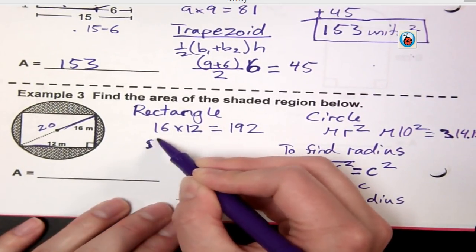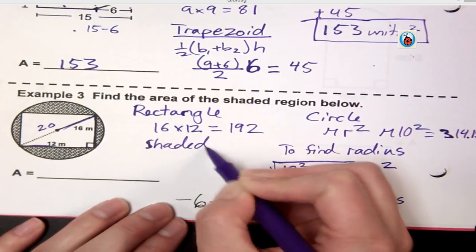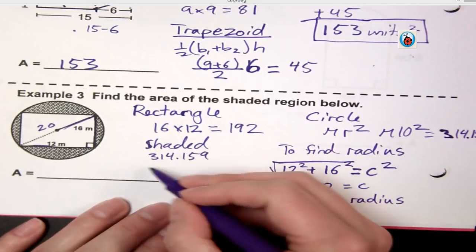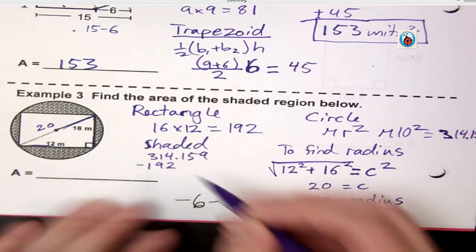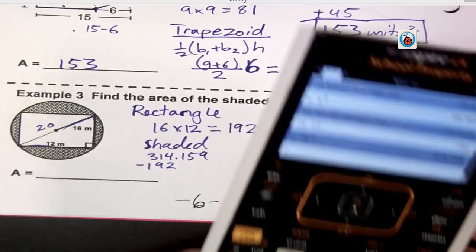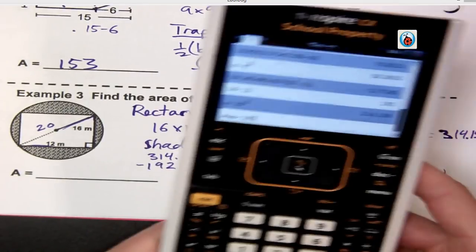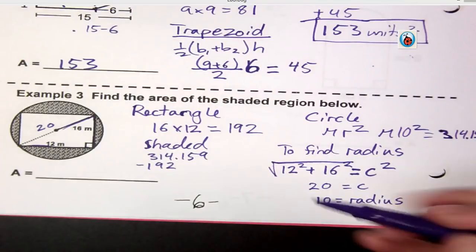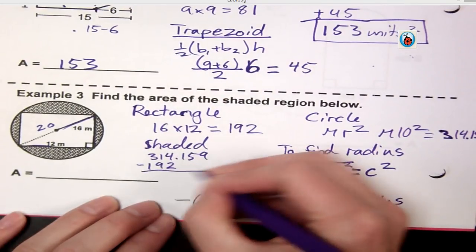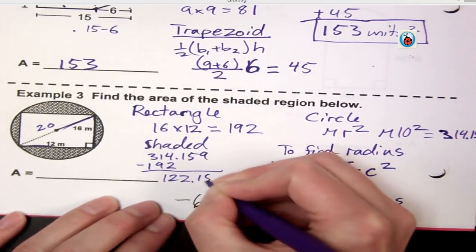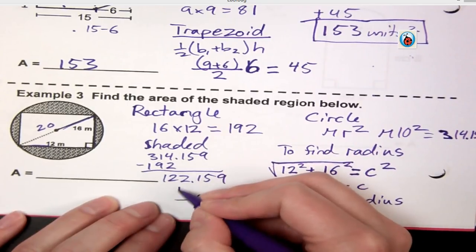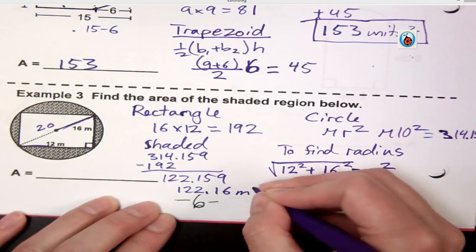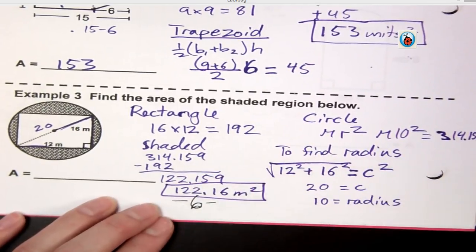So my shaded part is 314.159 minus 192. We could do that by hand, or we could type it into the calculator. Get 122.159. And then I'm going to round that to 122.16. And this one did give us meters squared, which is our answer.